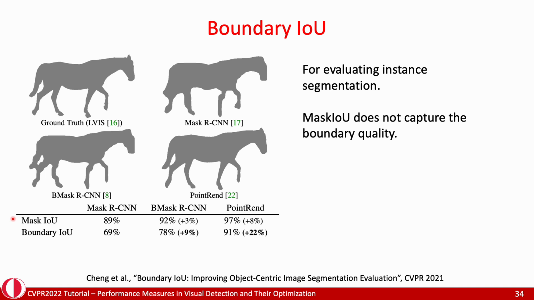And although this measure ranks these detections correctly, it is not very sensitive to the qualities of the boundary, as you can see from the differences between these 3 results. The new boundary intersection over union, however, is very sensitive to the boundary quality, and it intuitively better measures the segmentation quality as demonstrated by these numbers.